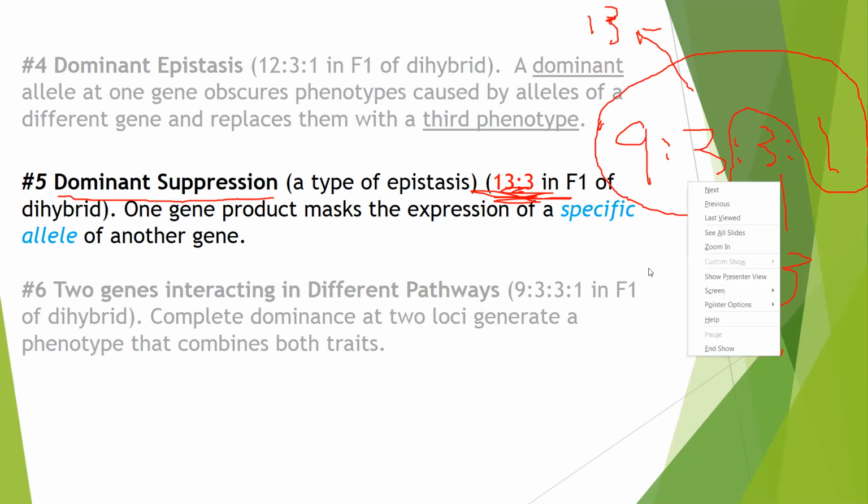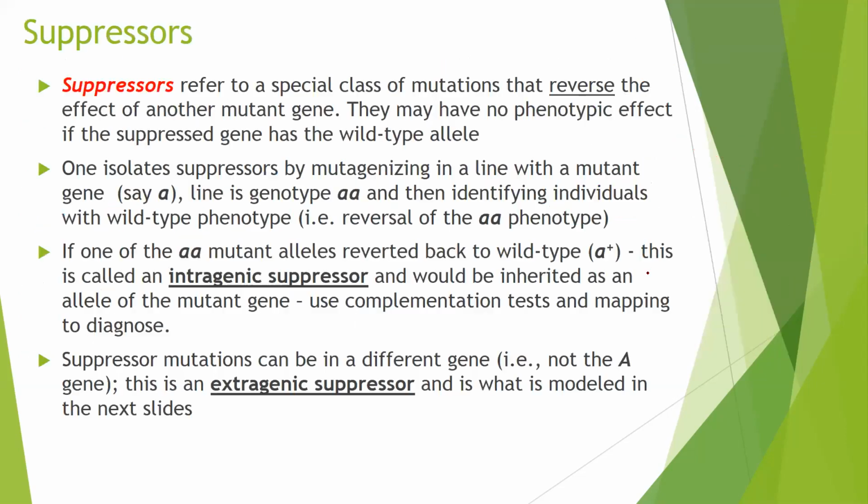Okay, so let's see what is the biology behind this one. All right, so first, suppressors. What are suppressors? Suppressors refer to a special class of mutation. Those are the mutations that can reverse the effect of another mutant gene. Here we are talking about two genes, right?